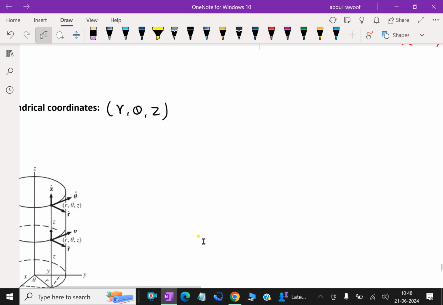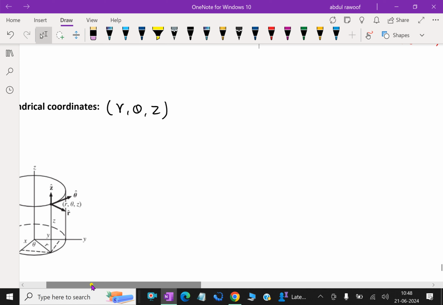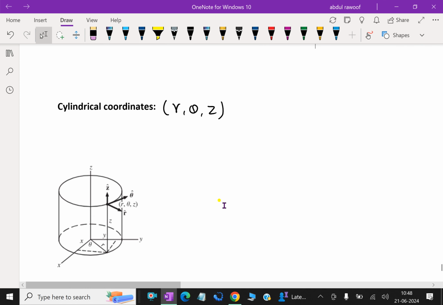Next, we will discuss what cylindrical coordinates are. A point P in space can be located by cylindrical coordinates r, theta, z as well as rectangular coordinates x, y, z.